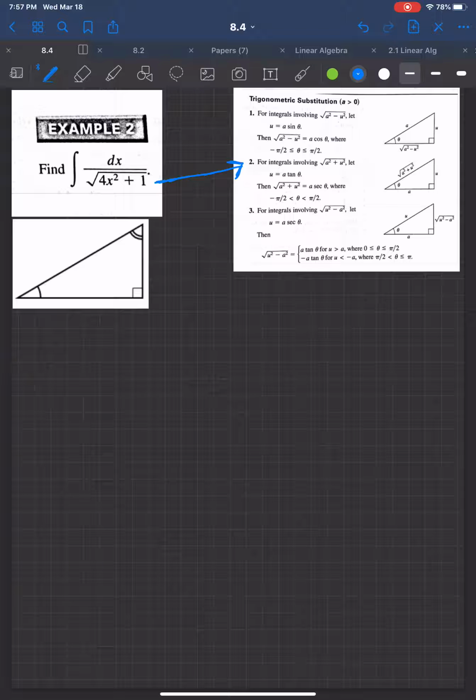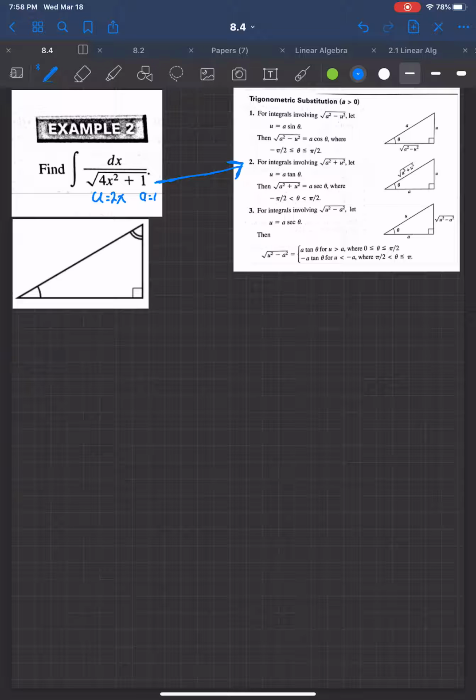So this is going to be a problem where we define u in terms of tan theta. In this case, u is obviously the 2x, and a is 1.